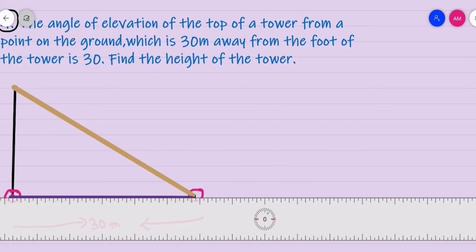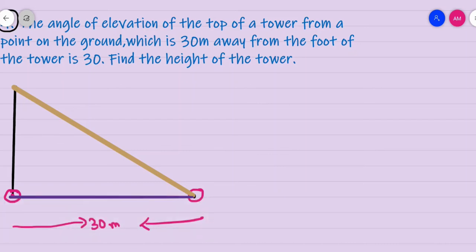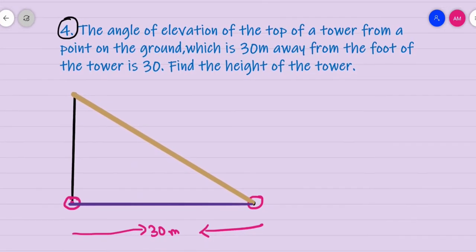Now see children, it's not very difficult if you properly understand what is given. We have made everything here. The black line is your tower. This is the foot of the tower. Now this point is the place where a person is.